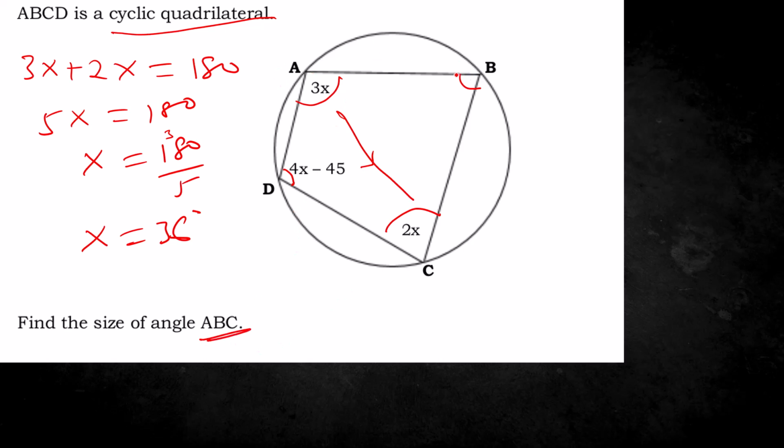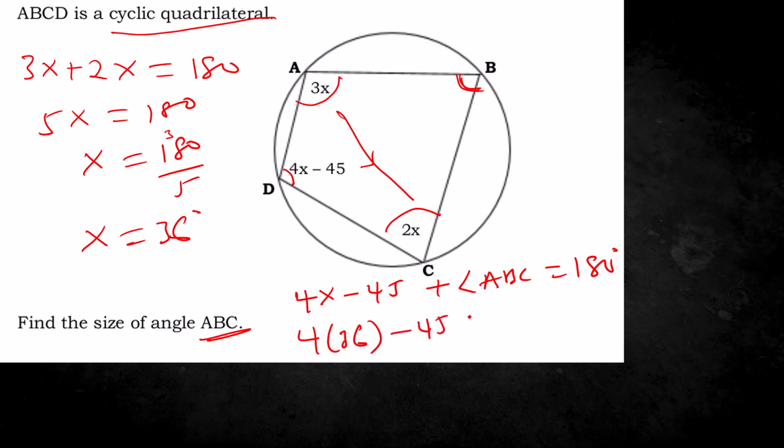So ABC is this side. But 4x minus 45 plus angle ABC equals 180. But x is 36. So 4 times 36 minus 45 plus angle ABC equals 180. So 36 times 4 is 144, minus 45.